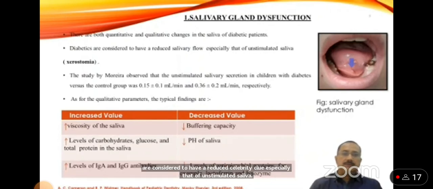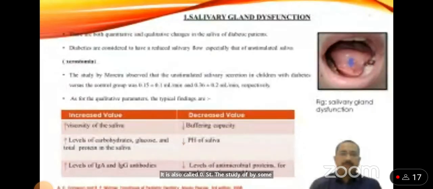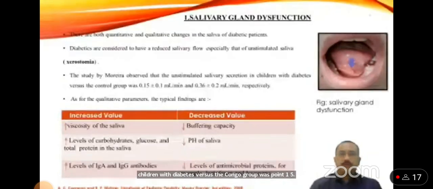The study by Moreira observed that the unstimulated salivary secretion in children with diabetes versus the control group was 0.15 ml per minute versus 0.36 ml per minute, respectively. So there is a reduction in the secretion of saliva, and qualitatively the parameters also change.